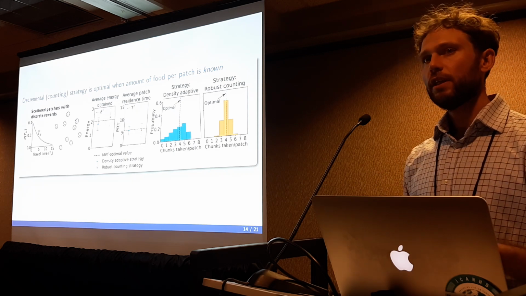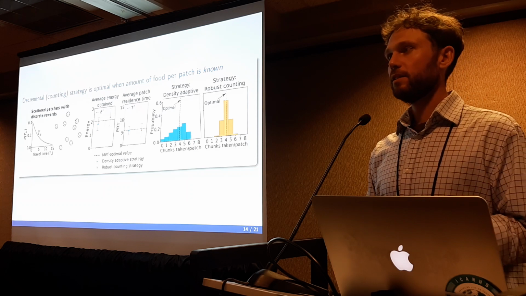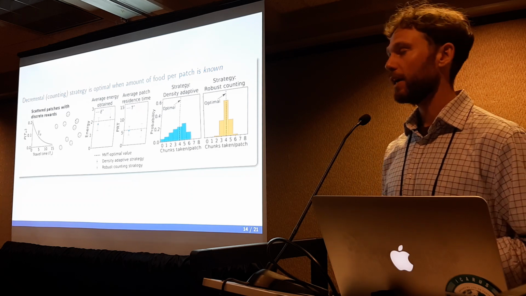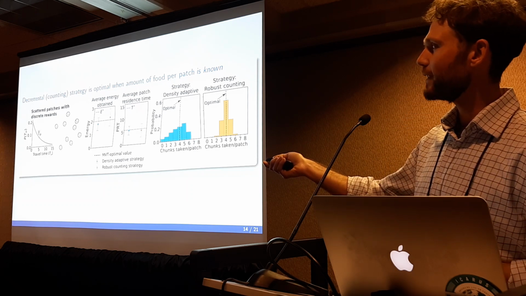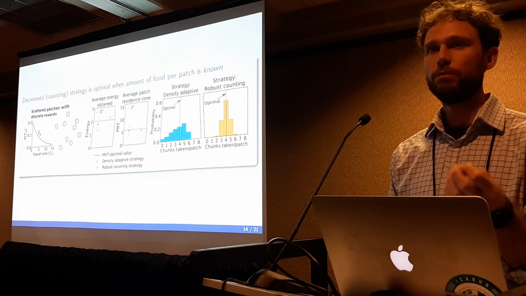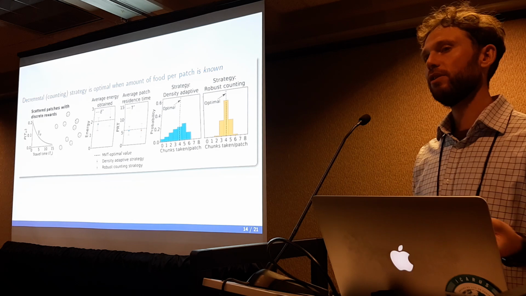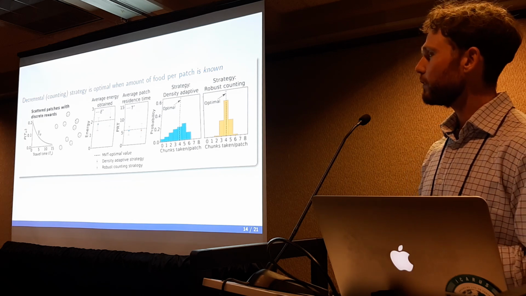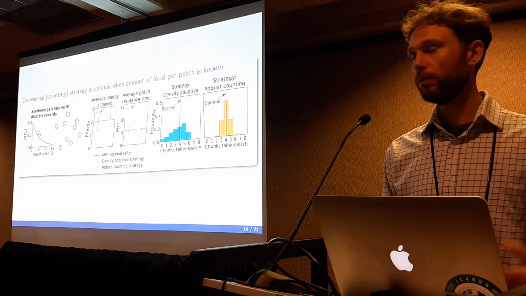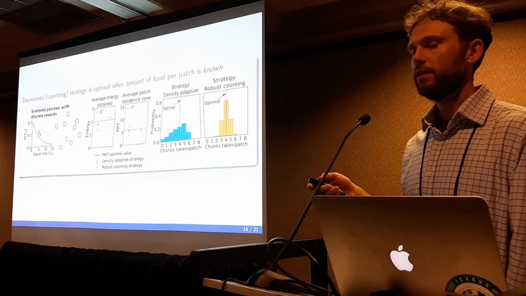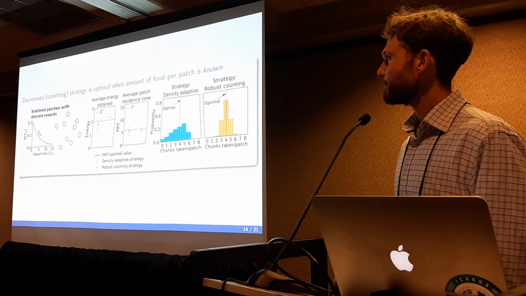So an optimal strategy is to exploit the knowledge you have about the environment, which would be that each patch contains a set number of food items, say 4 or 5, and that you should leave after you find a certain number of food items. So in this environment, a counting strategy is optimal. Counting strategy is a decremental strategy, I mean.